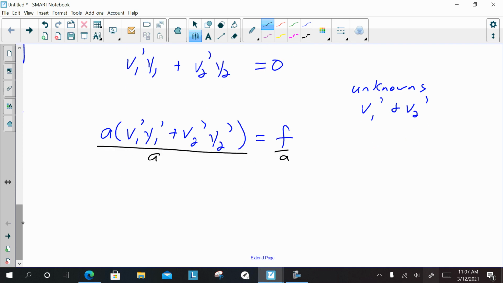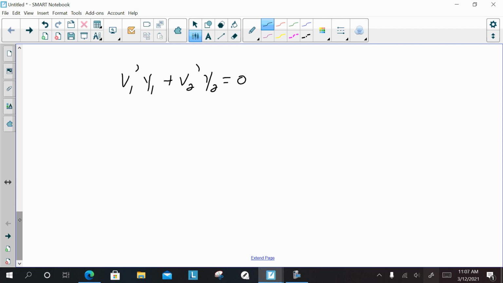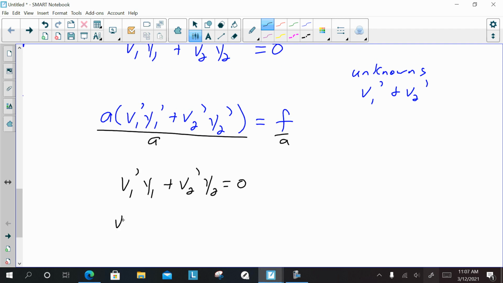So that's going to give us, let's copy the top equation down: V1 prime Y1 plus V2 prime Y2 equals 0. If we divide the left side by A, that leaves us V1 prime Y1 prime plus V2 prime Y2 prime.